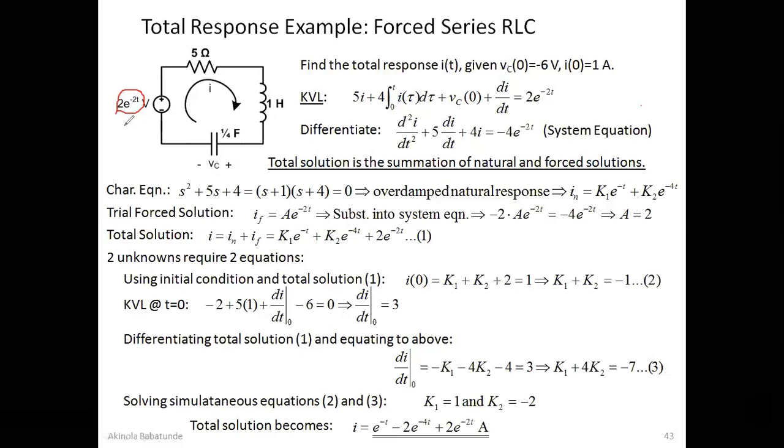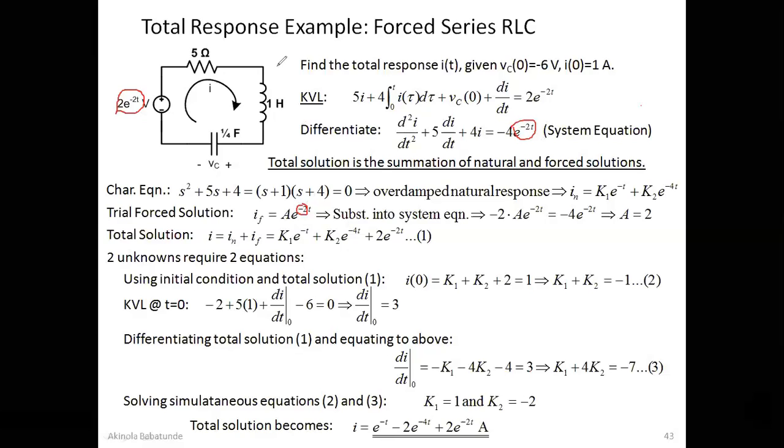So what we use for the exponential, from the previous table we discussed, is A e^(-2t), because what we have here is minus 2t. Don't forget this minus 2t here; it's not just A e^(-t). Whatever exponent we have here, you're going to include it and then just put A behind it.